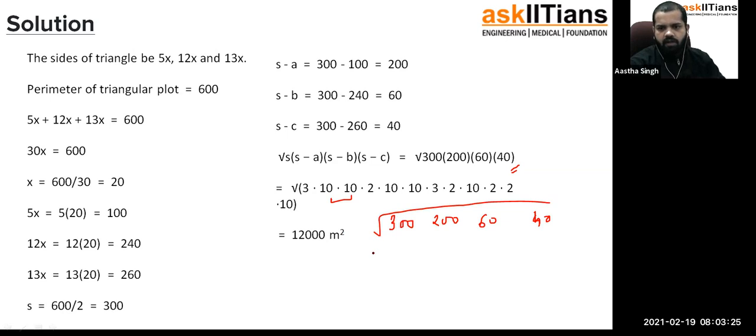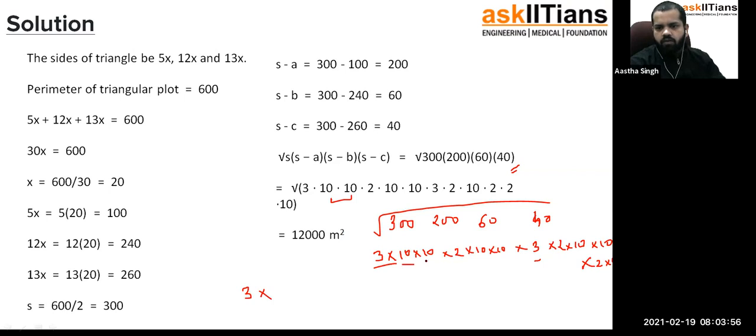So 300, I will write 3 into 10 into 10, 200 as 2 into 10 into 10, 60 can also be written as 3 into 2 into 10, right? 40 can also be written as 10 into 2 into 2. So you have 3 and 3, so the pair of 3s will come out as a single 3 out of the under root, right?